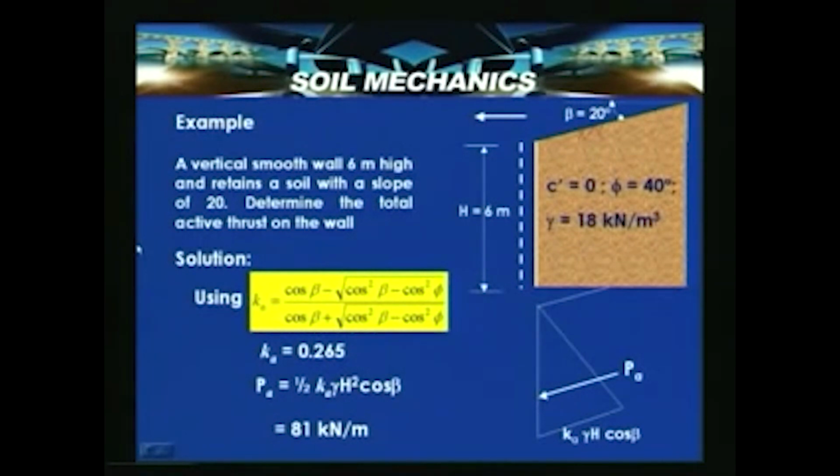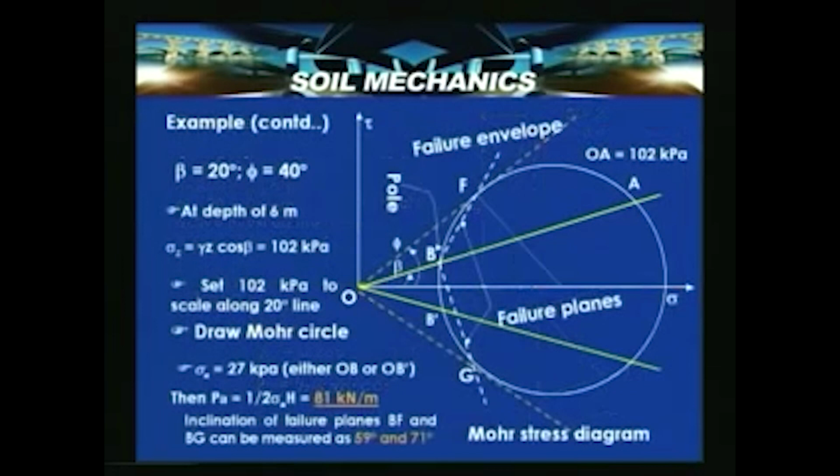So, for the given condition in this problem, the lateral thrust acting parallel to the direction of the slope surface, that is 20 degrees with horizontal, is 81 kN per meter, at a height of 2 meters from the base, that is h by 3, with h equal to 6 meters. How can this be solved graphically? Let us look into the next slide.